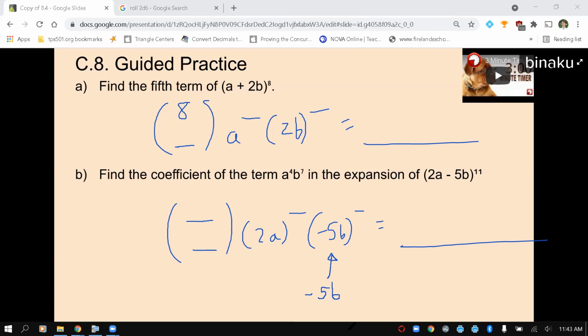What is 8 choose 6? 28 will go through that. 8 choose 6 should be a to the second, b to the sixth.